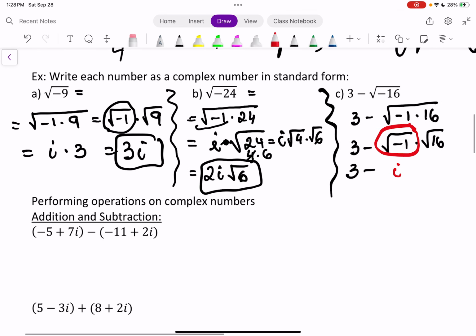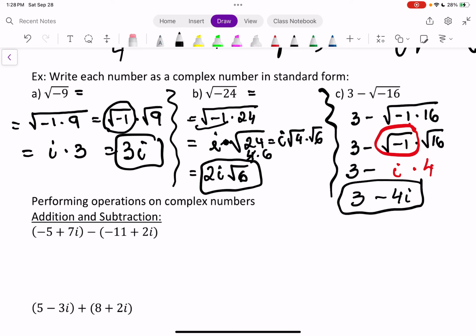And the square root of 16 has a perfect exact value of 4. Same thing as we did before. Just like we don't write i times 2 but rather 2i, it's a multiplication, but we like the order of these two factors to be the numerical one first, and then the i, the letter.